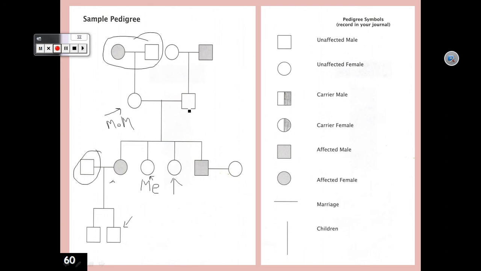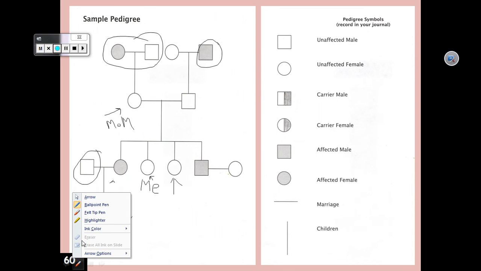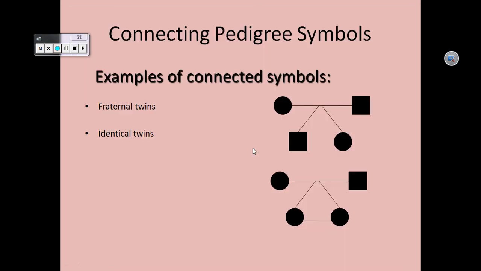Going back up to the top, who would this be if this is me? This would be my grandpa. So you can see how it shows generations. This would be my grandparents, this would be my parents, this would be my brothers and sisters, and these would be my nephews, or if there was a circle, it would be niece. So make sure you have all of this down.